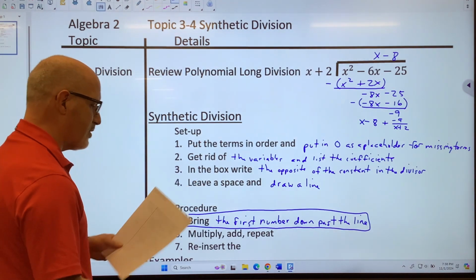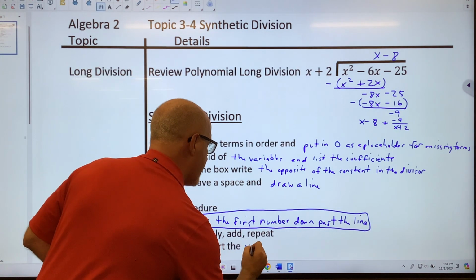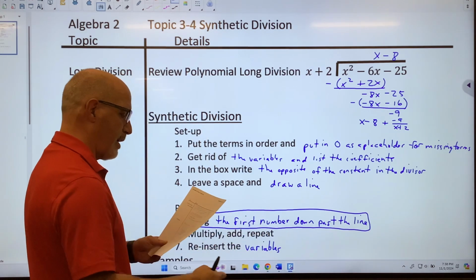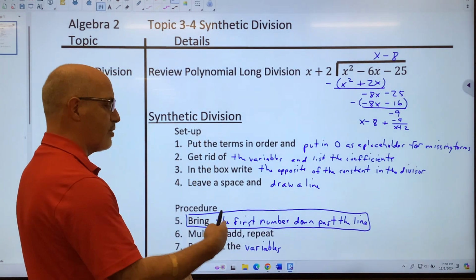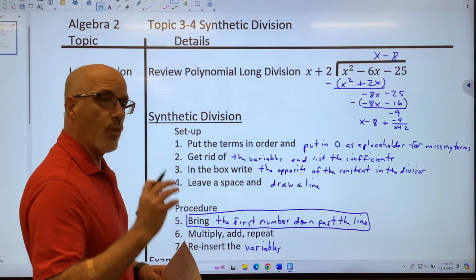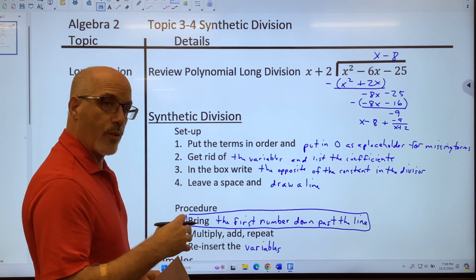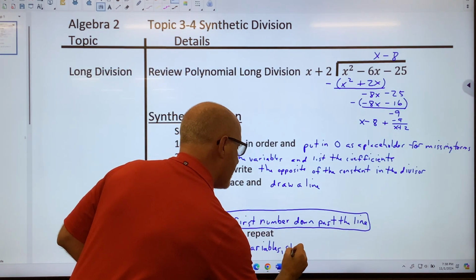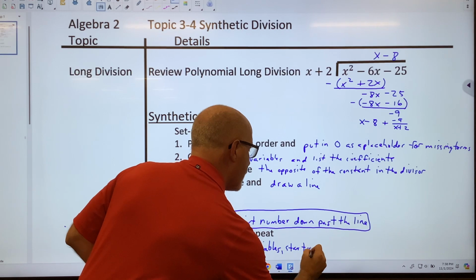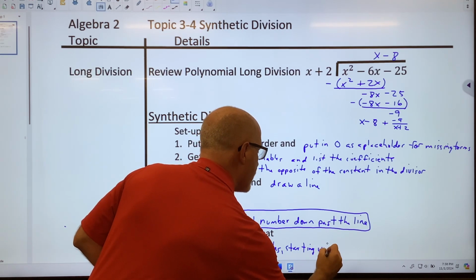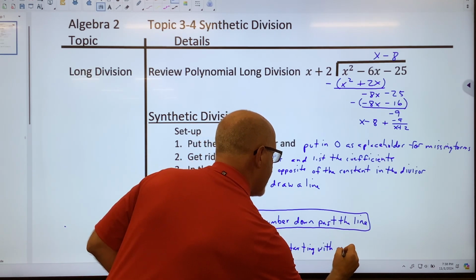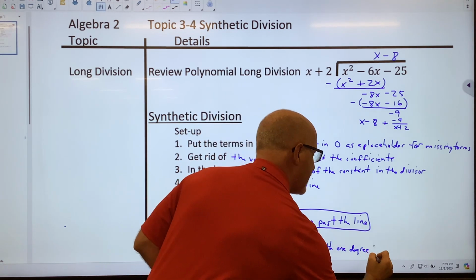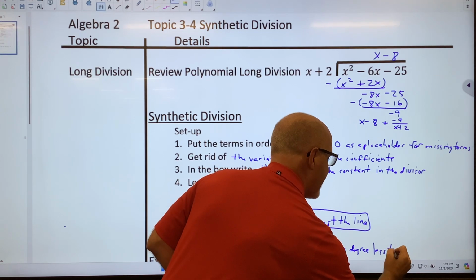And then we're going to reinsert the variables, because we took them out, remember, in that earlier step. Once we're done doing the process, we reinsert the variables, but we have to start with 1 degree less than the dividend.